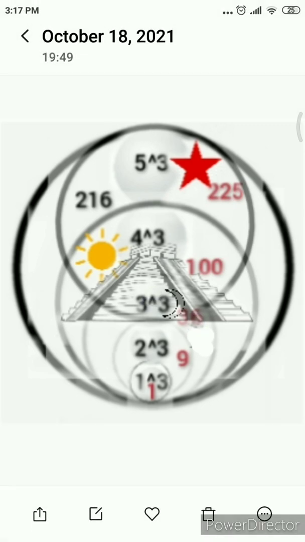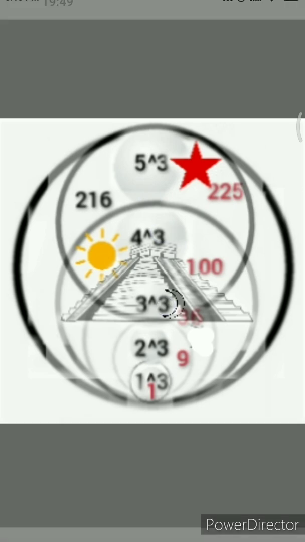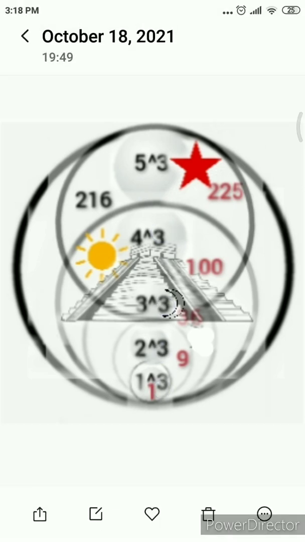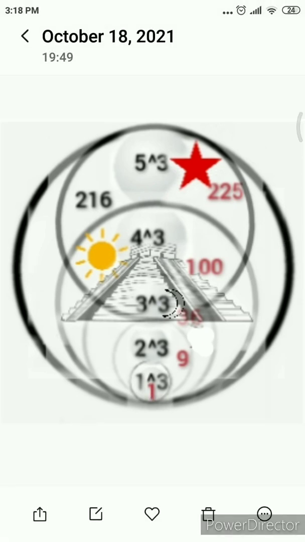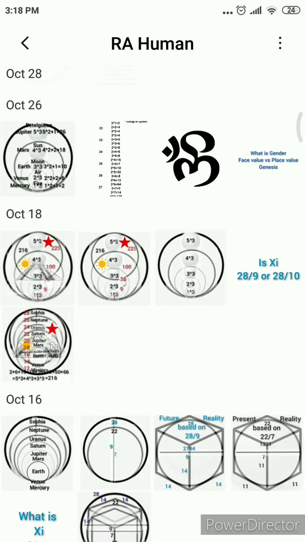And then, of course, we had 4 cube, 3 cube, 2 cube, 1 cube coming together to form this sphere. And later, 1 cube to 5 cube came together to form this sphere, right? That is very clear.